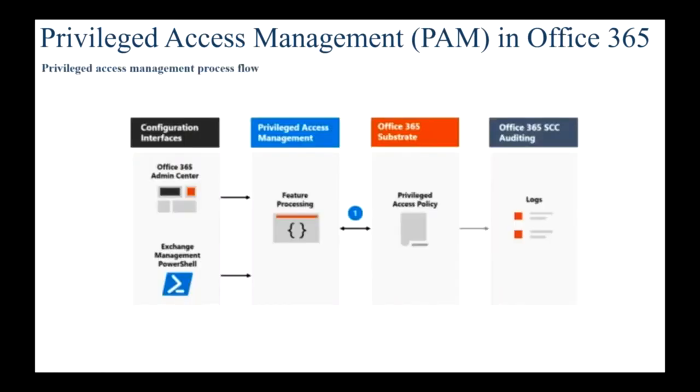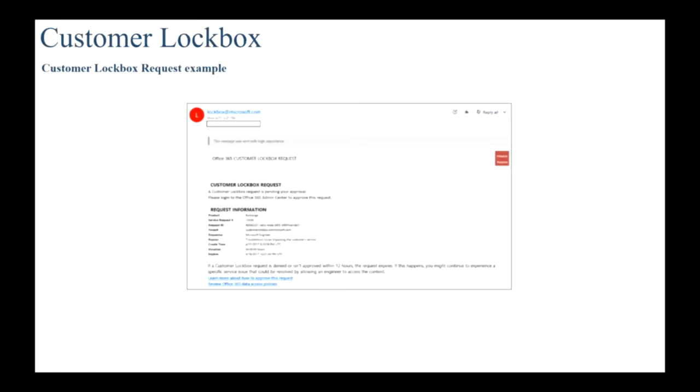That being said, let's go ahead and talk about our next topic, and that is the Customer Lockbox. As an Office 365 admin, Customer Lockbox requests allow you to control how a Microsoft support engineer accesses your data. It's that simple. Sometimes, if you run into an issue, you might need a Microsoft support engineer to help you fix it.